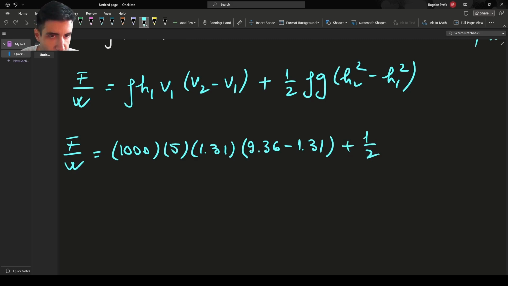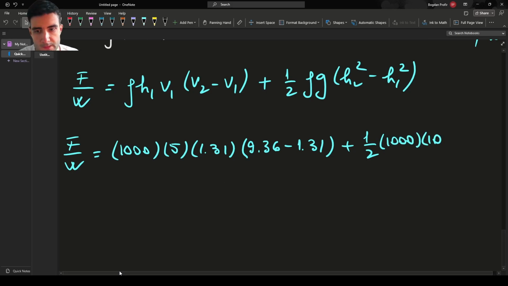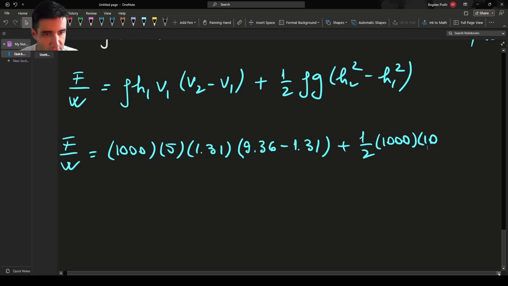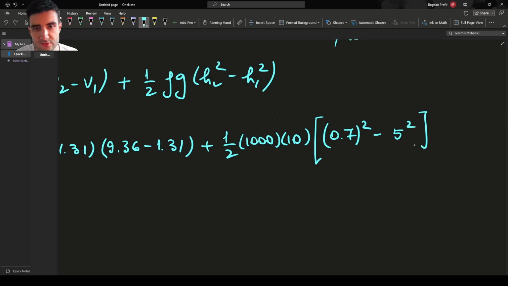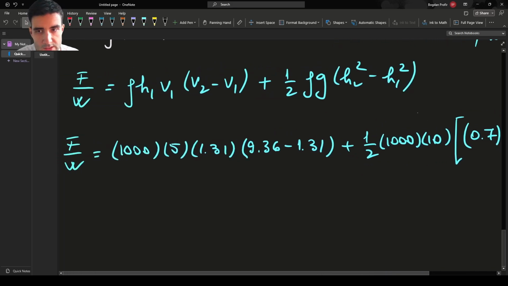Right, so you have 1/2, and then you have 1000, then you have 10, and then you have that difference in squares of the height. So you have, I'll put square brackets, H2 was 0.7 squared, H1 is 5 squared, so you see that this will become negative basically.